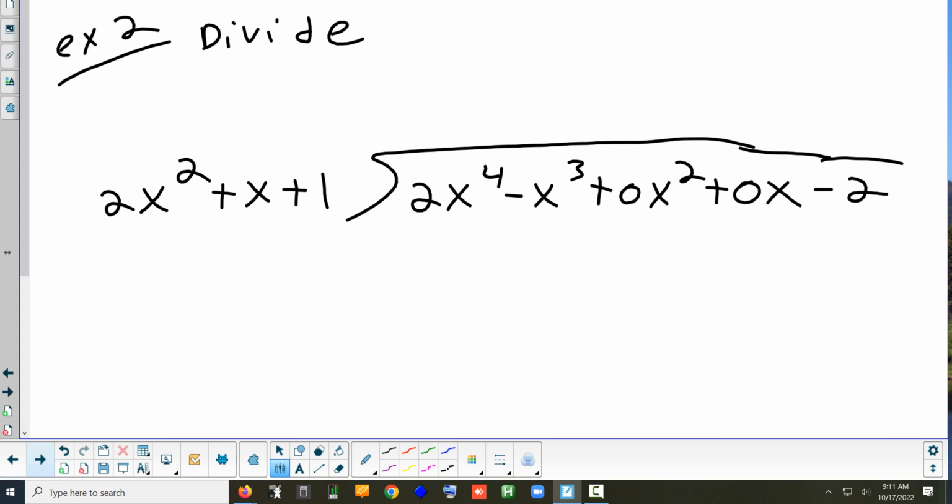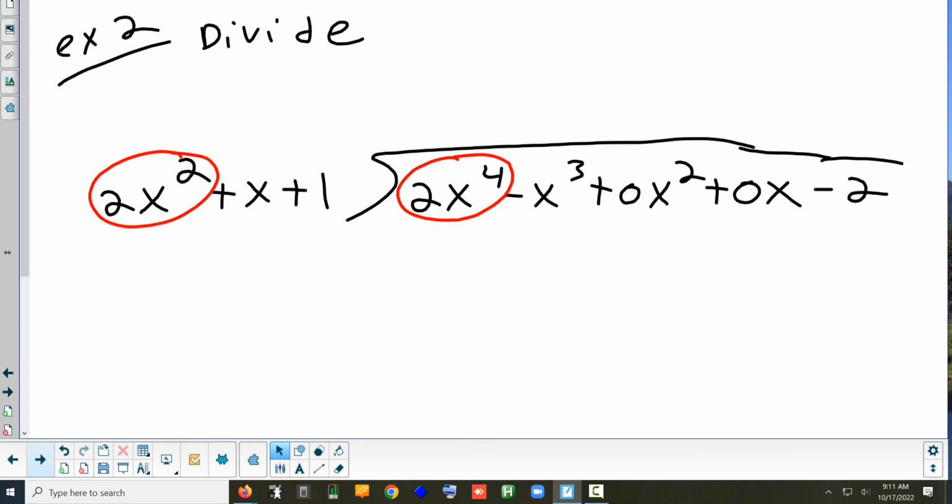All right, so Elva, what's my first term on the outside? 1x squared. We have an x squared there, but what is it again? Oh, well, 2x. 2x squared. So you're going to divide this into what on the inside? The 2x. You're going to divide that into 2x to the 4th.